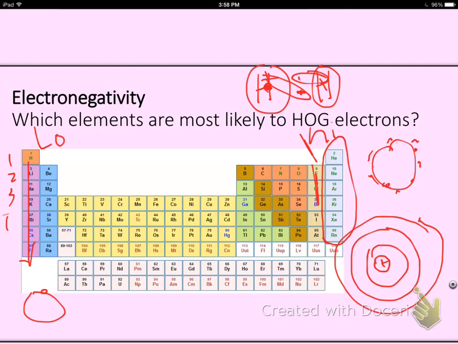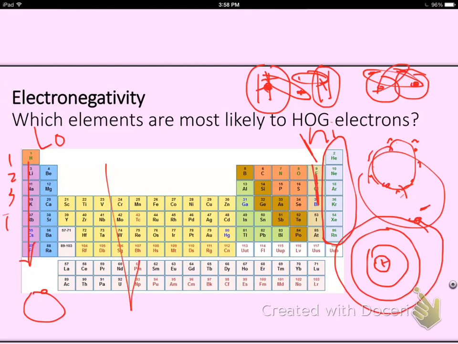That's the Coulombic attraction. It's the nucleus of one being attracted to the negative of the other, okay? So if this electron out here, this negative electron, is further away from the positive nucleus of an adjacent atom, it's going to have less pull from that nucleus. Okay, so as I go down, electronegativity will decrease.